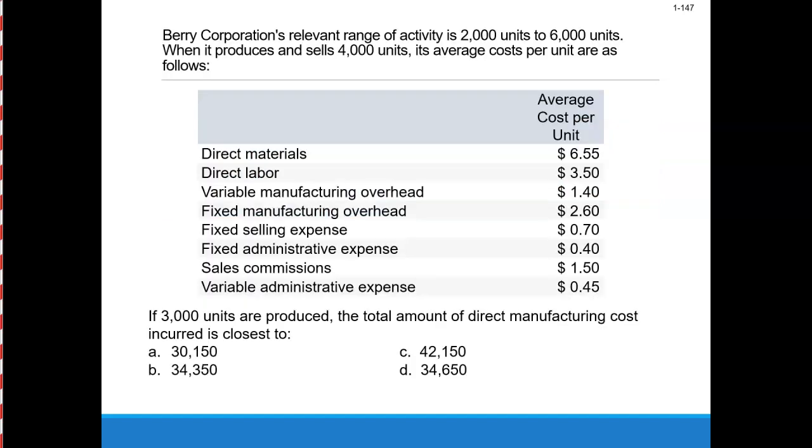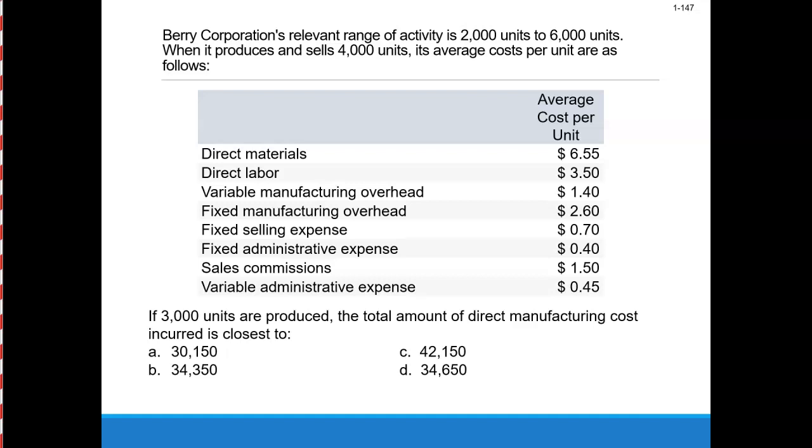Excellent. Same's going to happen here, guys. The same concept. The total amount of, now this is direct manufacturing costs. Okay, so the question is here, Berry's relevant range is 2,000 to 6,000 units. When it produces and sells 4,000 units, its average cost per unit sales are as follows.